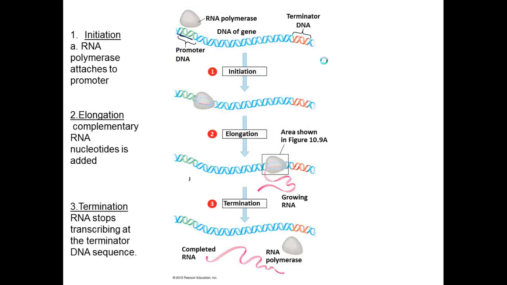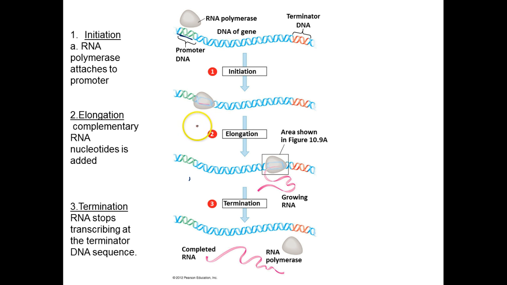Okay, so there are three steps to transcription. The first step is initiation, where the RNA polymerase has to bind to a promoter. The promoter is just a sequence of nucleotides where the RNA polymerase knows this is where the gene starts. Then it starts adding complementary nucleotides.